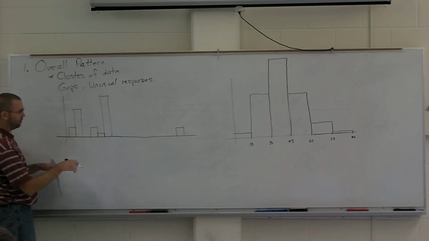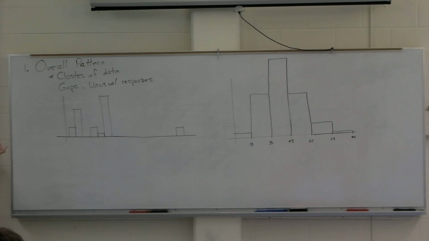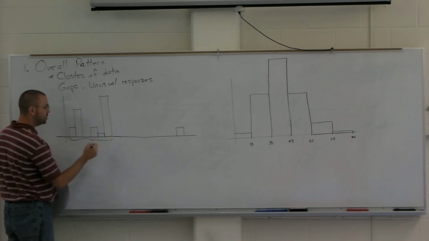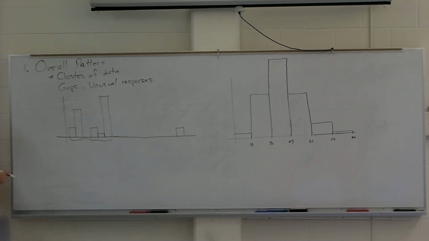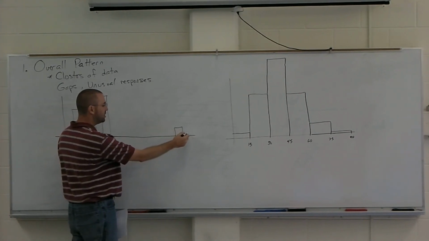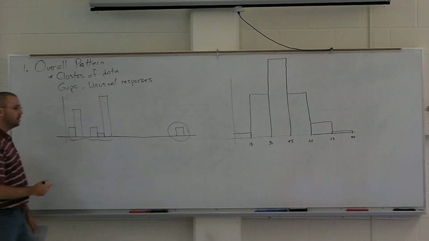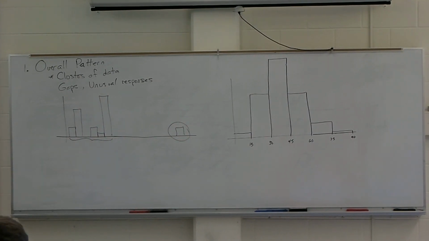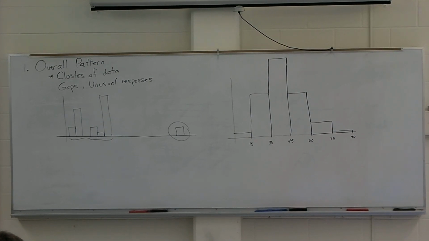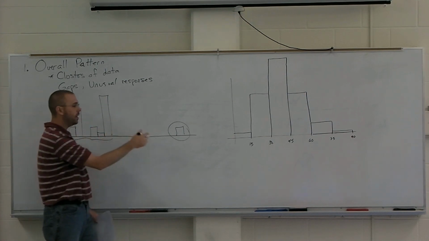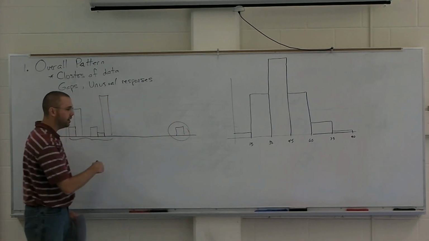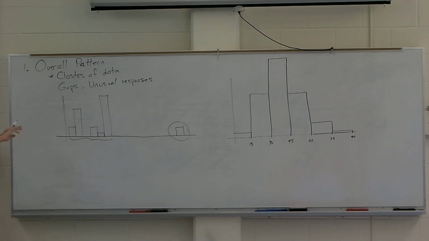But imagine that the majority of our data is right there. There's this huge gap, and then there's this guy out here. Okay, that's unusual. That seems to be an unusual data value. Something that you need to look for when you're looking at these kinds of graphs. You may go back and say, okay, why is this value out here? Where did that value come from? Why is it so different from the rest of the values of the graph?